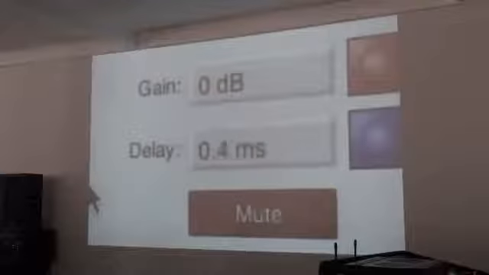Actually, the only way that you can recognize that I am playing delay is because this number changes. But this is not changing the sound, because we don't listen to the delay.